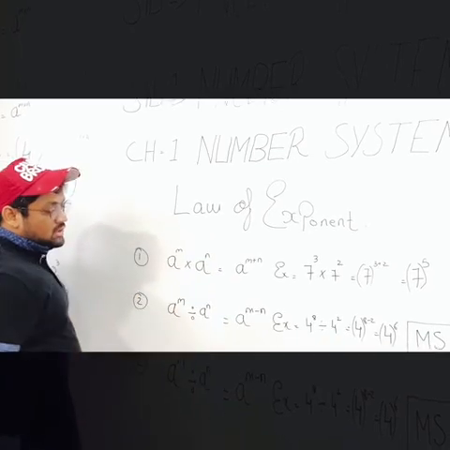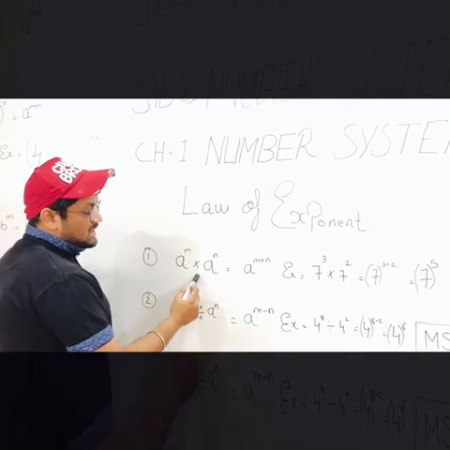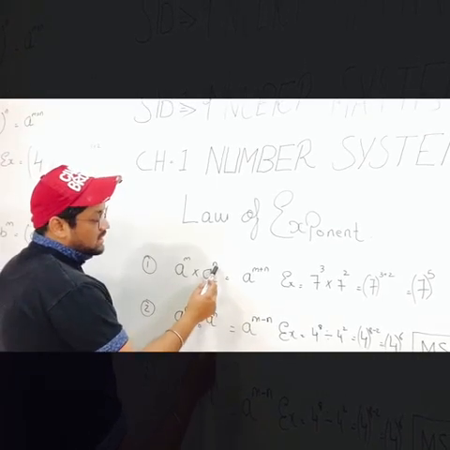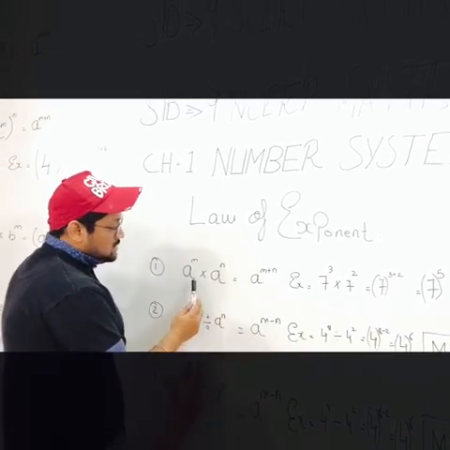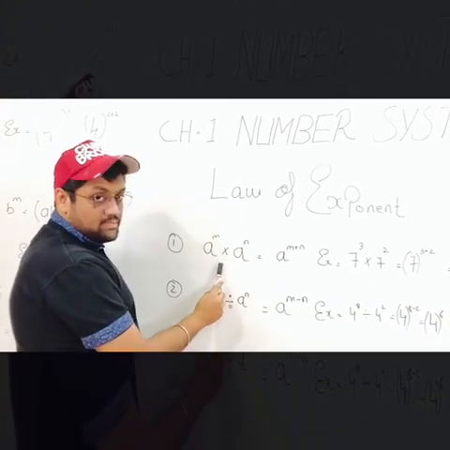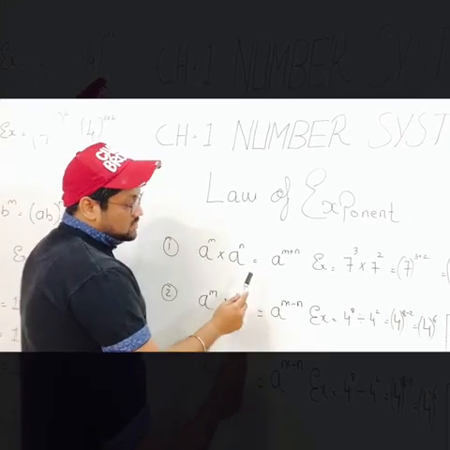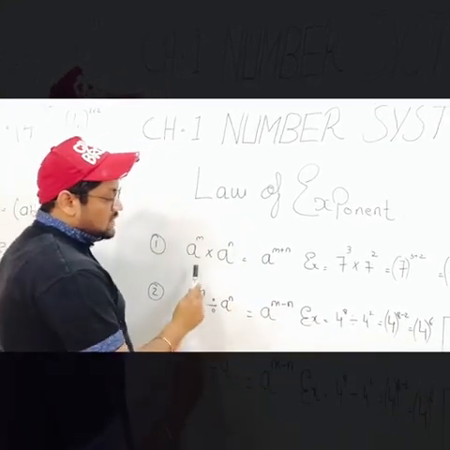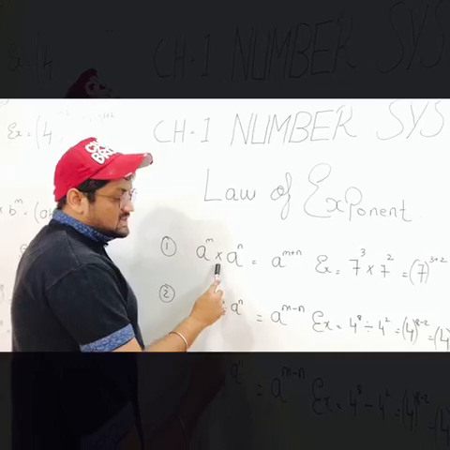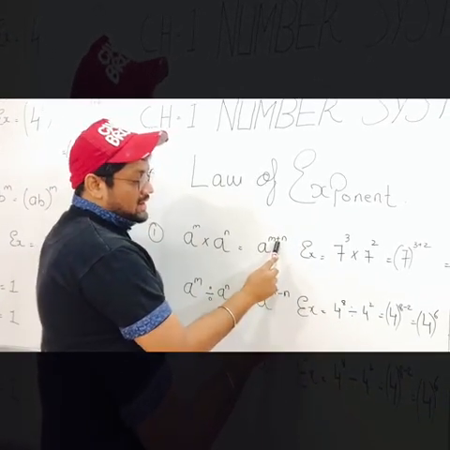The first rule is a raised to m multiplied by a raised to power n. Means the bases are the same, a multiplication sign is there, the bases are the same, but the power is different. So the rule is that when the bases are the same and multiplication comes, the powers get added.